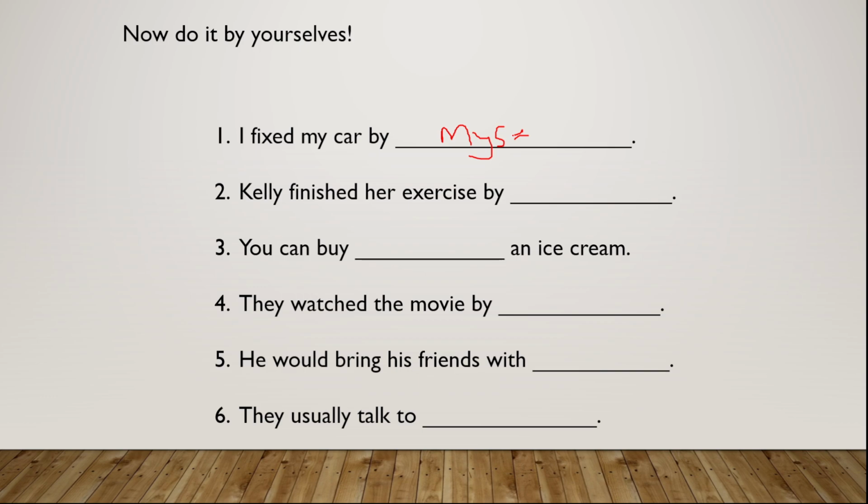Don't mind, I'm struggling to write with this, which is not really easy. Kelly finished her exercise by herself. Good. And the next one, you can buy yourself an ice cream.